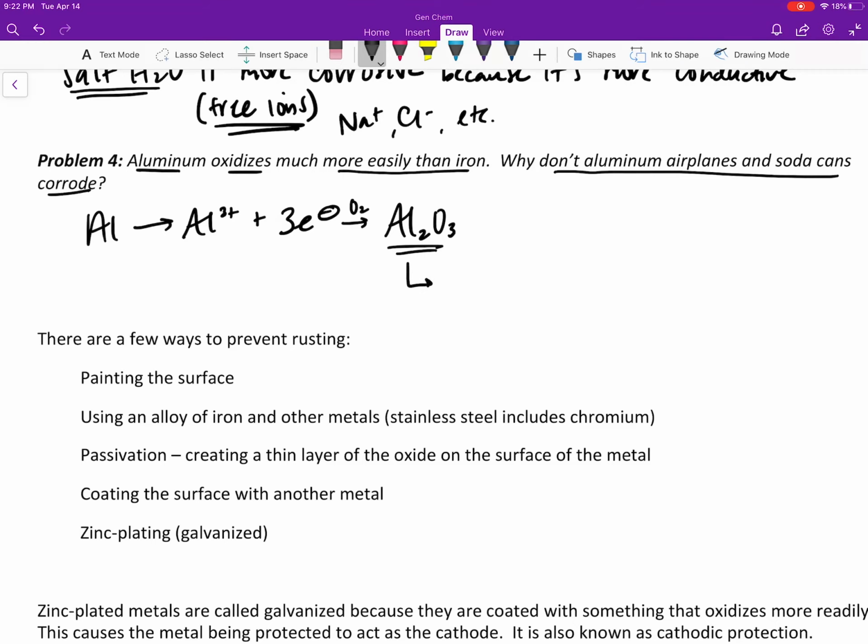And so this becomes a protective coating on the outside. So say that this is your soda can, and this does not look like a soda can.